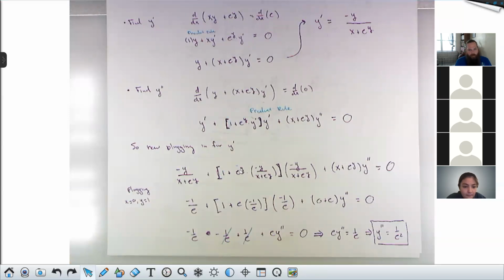This e to the y is this e to the y. And this y prime I'm plugging in here. And then outside of that, I've got this y prime that I'm plugging in here. So when I'm getting the derivative of e to the y, I have to treat y as a function of x. When we differentiated to get this, we got this extra y prime inside from the chain rule, or from the implicit differentiation. Okay, thank you. That was it.